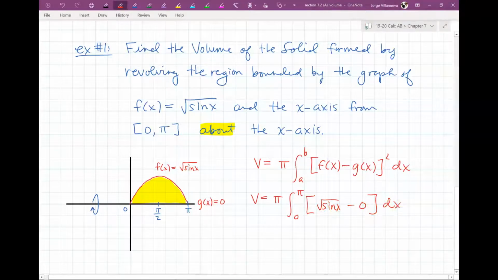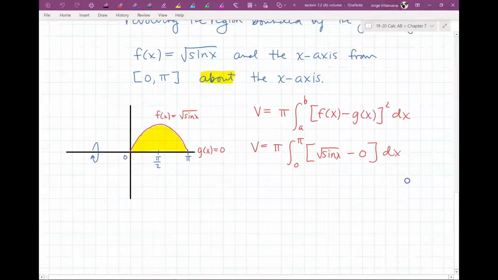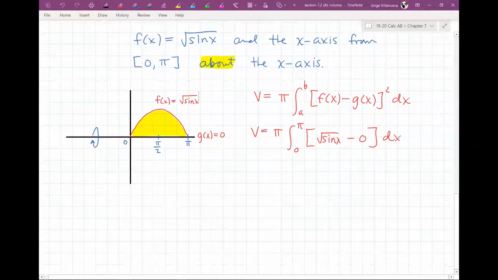Top minus bottom. Notice that doesn't change from the area stuff we were doing before. You either do top minus bottom or right minus left. That's why they teach you 7-1 first, so you take that and use the same ideas for this: top minus bottom, or maybe right minus left if you're doing a vertical rotation.